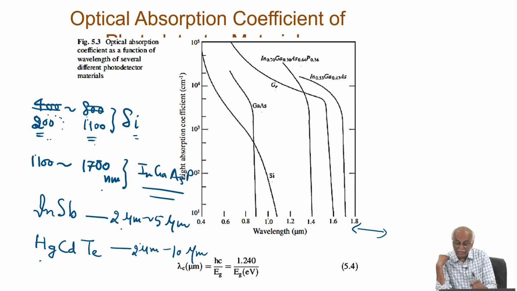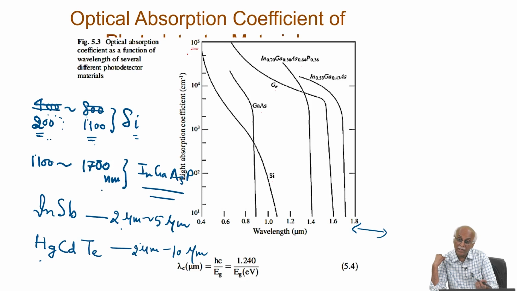So what does it mean? Let us say I am going to a shorter wavelength measurement. If I use silicon below 400 nanometer, where 0.5 micrometer is 500 nanometer wavelength, as a photodetector to detect light whose wavelength is less than 400 nanometer, the absorption coefficient is quite large.